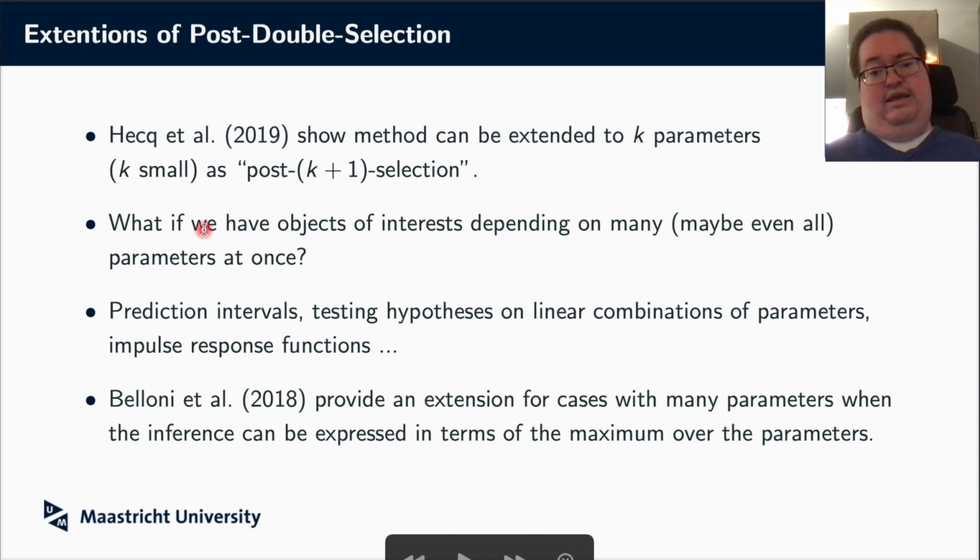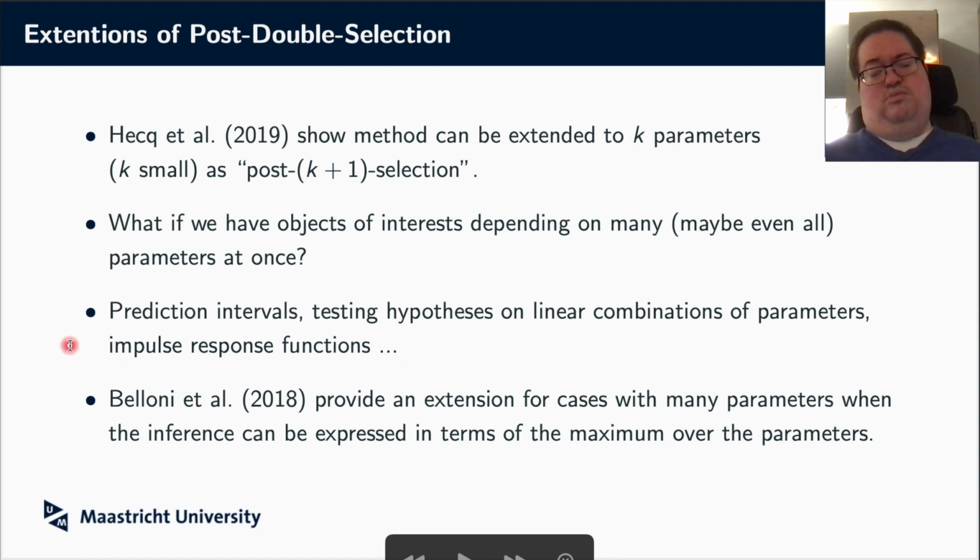But what is complicated is when you have an object of interest which depends on many or all parameters. So for instance, you can think of prediction intervals. The prediction, of course, is essentially beta prime x, so all your betas are in there. Or testing general combinations of parameters, or something like impulse response functions, which are nonlinear functions of all your parameters.